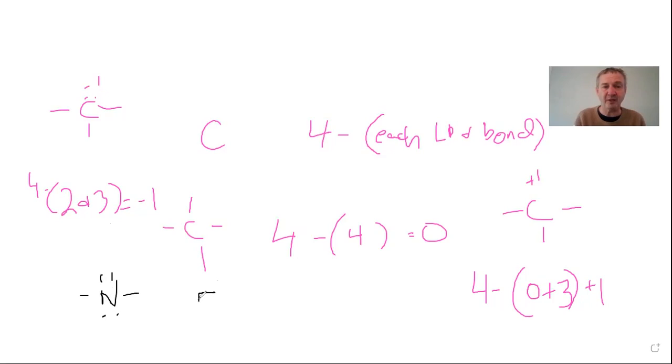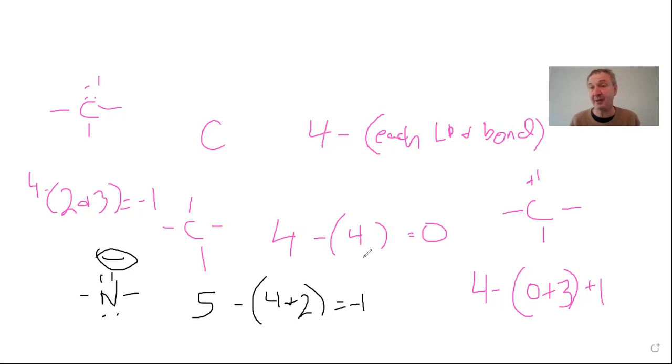Well, here's nitrogen. It has 5 outer shell electrons. It's got, let's see, 4 lone pair electrons. And it's got 2 bonds. And 5 minus 6 is minus 1. So the charge on this molecule, this amide, is minus 1.